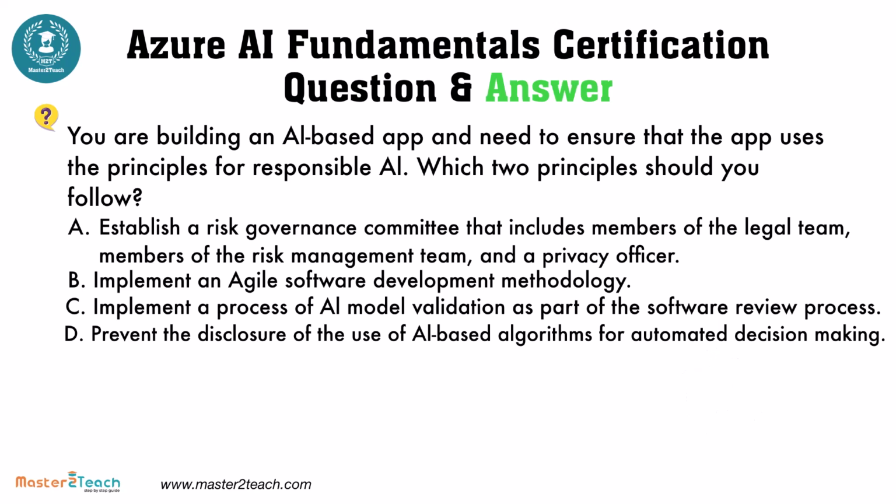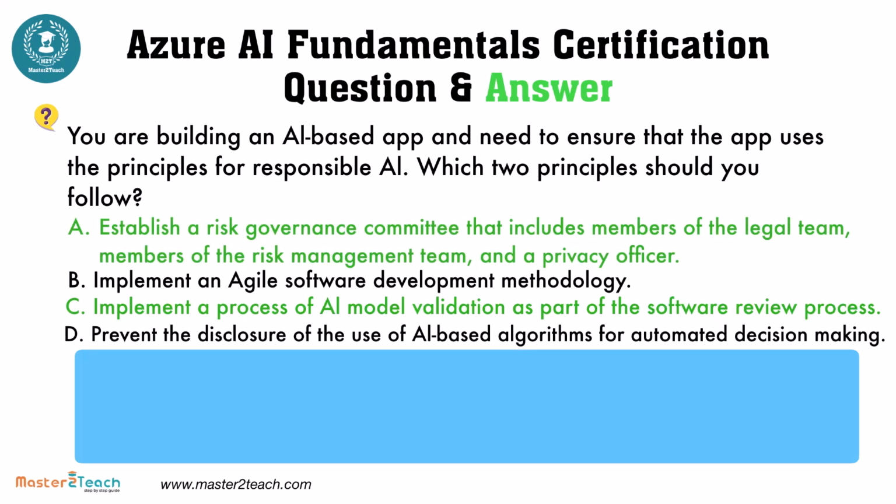The correct answers are establish a risk governance committee that includes members of the legal team, members of the risk management team, and a privacy officer, and implement a process of AI model validation as part of the software review process.